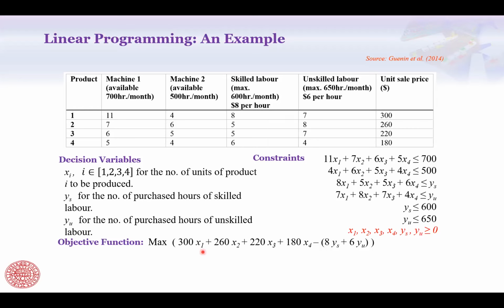You maximize your profit. Looking at this function, it is practically about profit, because the positive signs come from what you earn by selling your product, but the minus signs are the cost. The solution from the simplex method gives you exactly this.